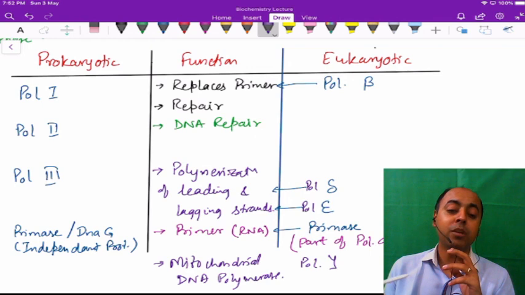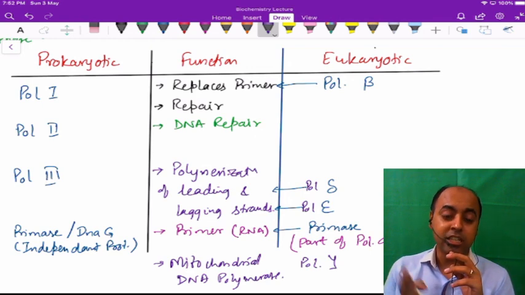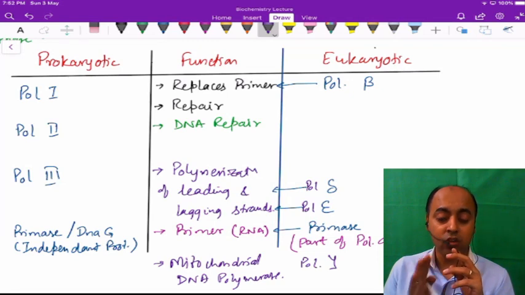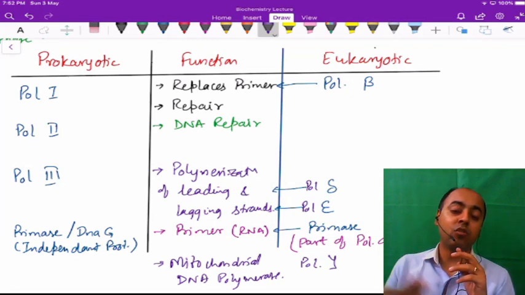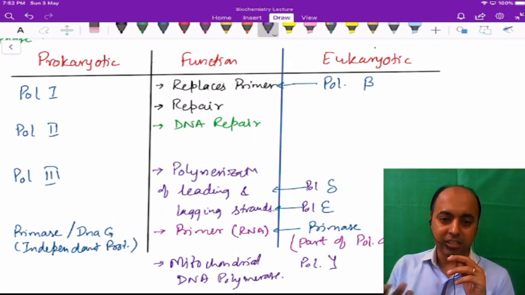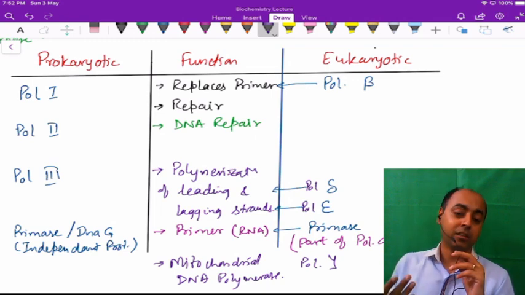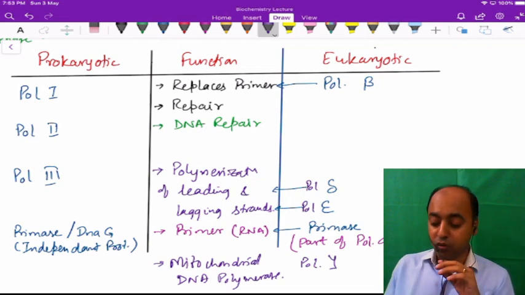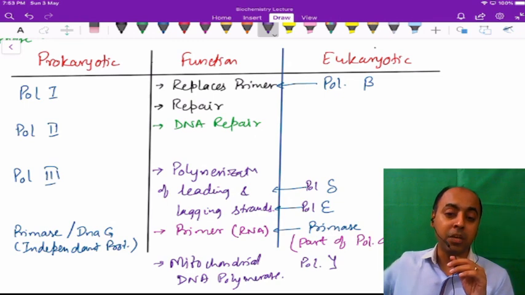In addition, there will be a large number of other proteins in addition to the polymerases which participate in the process of replication. However, they are not mentioned. This story will repeat always in the transcription as well as in the translation, where we will not mention the minor proteins, but remember the large number of proteins and enzymes are involved in these activities. However, we are only highlighting the major ones.